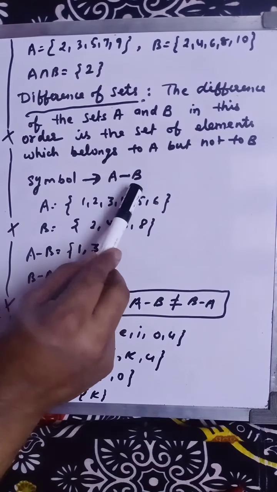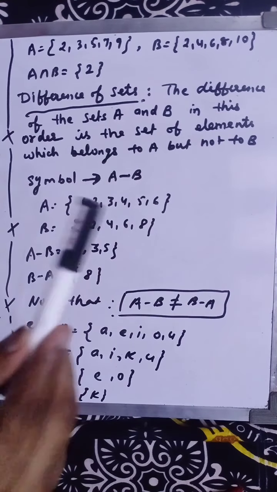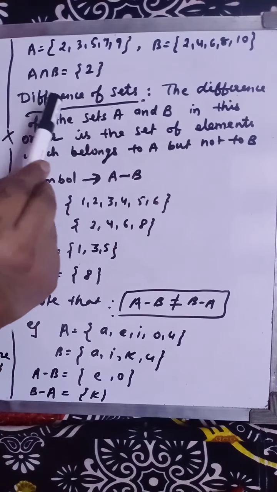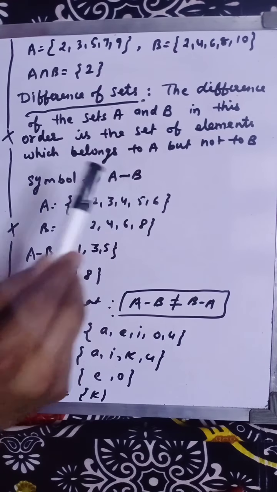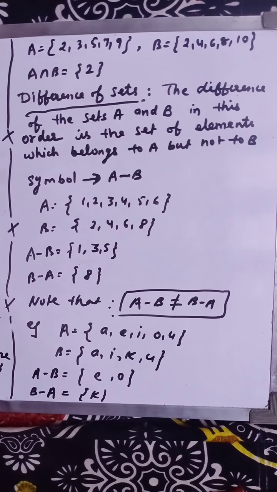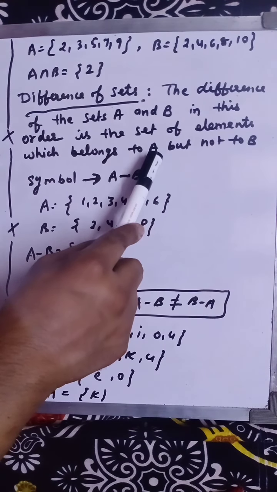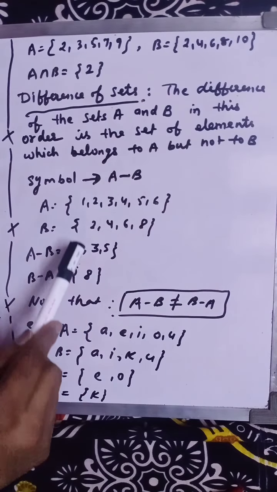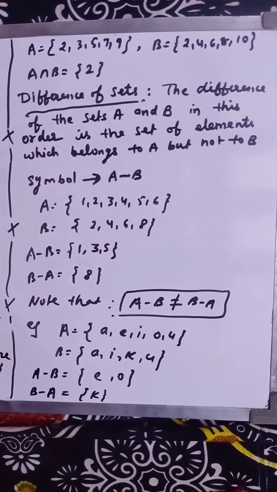A minus B and B minus A, both are different. The answer you get when you find A minus B and B minus A are different. I am not telling you the definition first. Here we will solve a question, then we will understand the concept, then we will understand the definition.